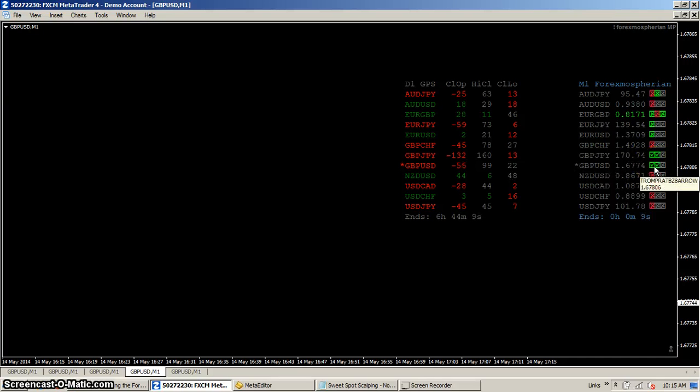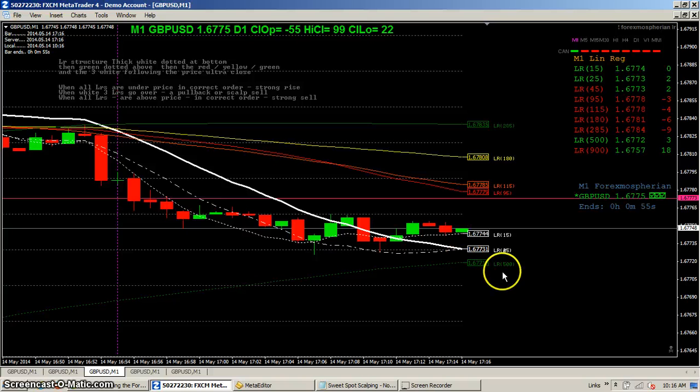One thing I've noticed is if you do this trade in the rat zone, within 20 pips of the daily low, or you do the short trade here within 20 pips of the high, it is very, very profitable, very accurate.